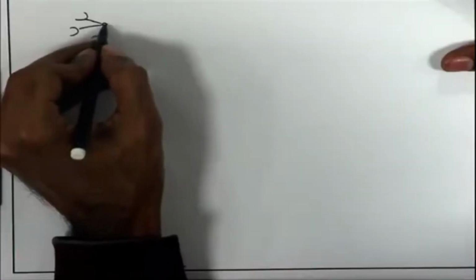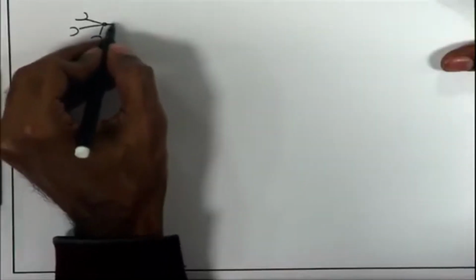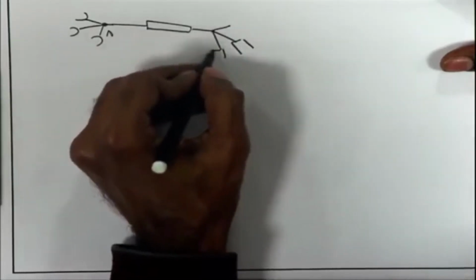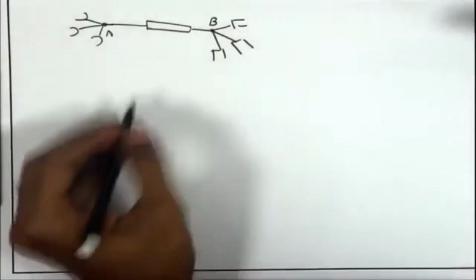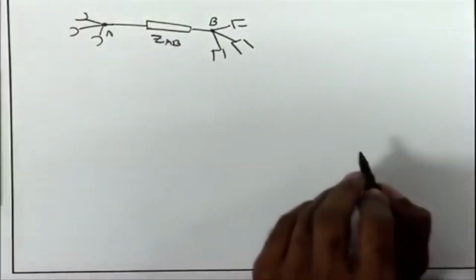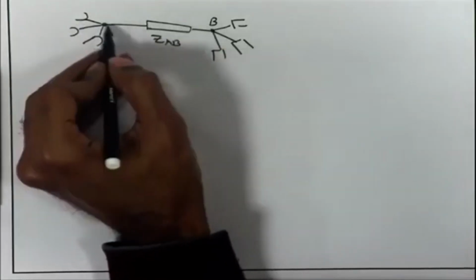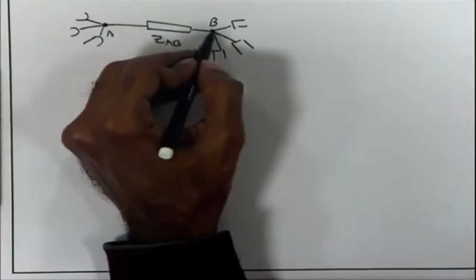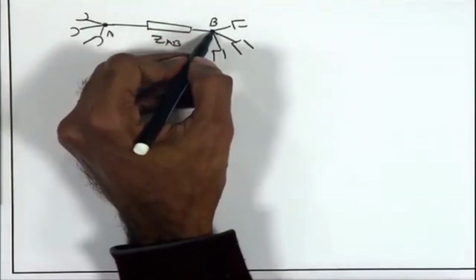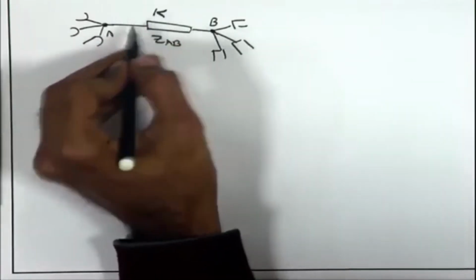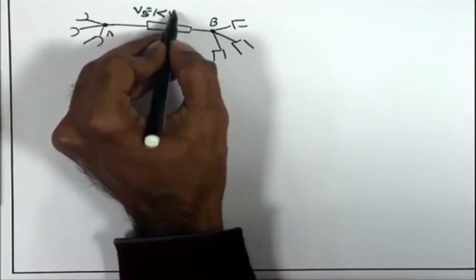Miller effect says that if you are having two nodes in the circuit, suppose you are having some connections over here, some blocks. So, I am just drawing two nodes, node A and node B, which are also connected to some other branches, and you have ZAB connected over here. If I am talking about the small signal, you are having some relationship between the voltages at A and B. The small signal voltage gain at B as compared to A is suppose K. So, VB is equal to K times VA.